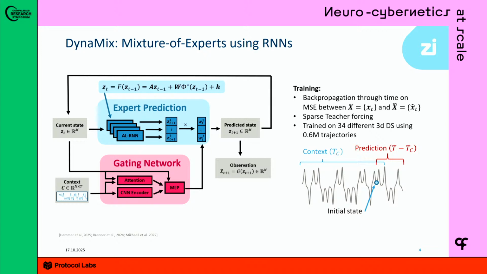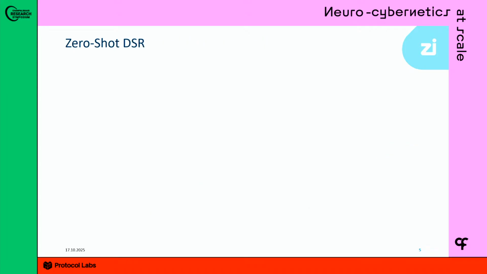Overall, we train on 0.6 million trajectories sampled from 34 different dynamical systems, where we basically take the first few time steps as a context signal and then make the predictions on the last few.